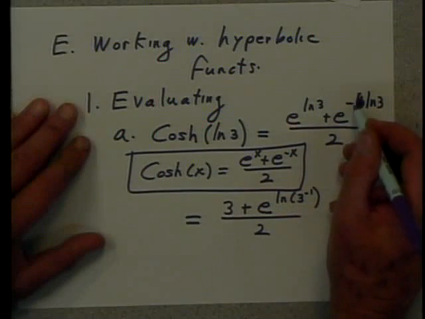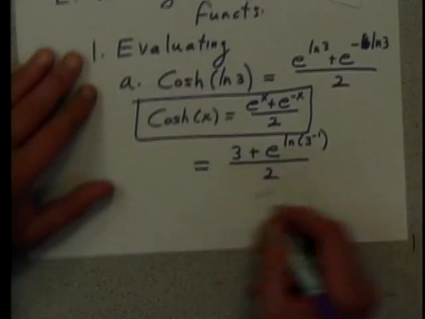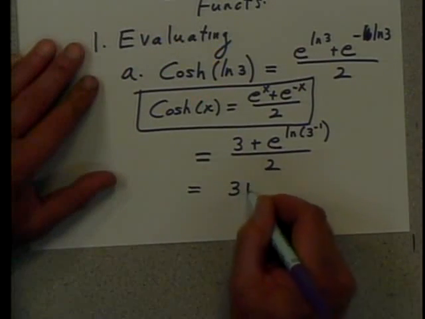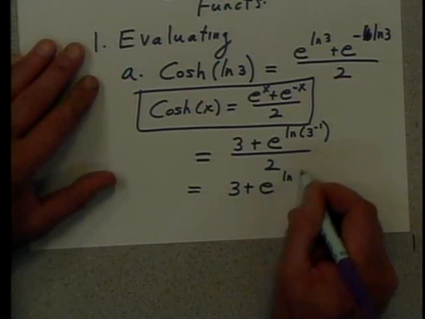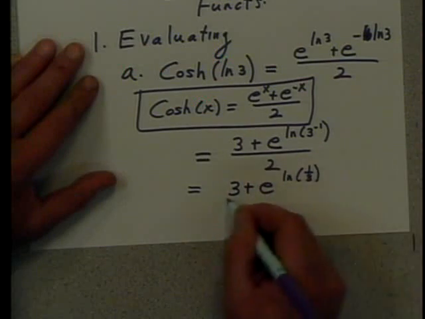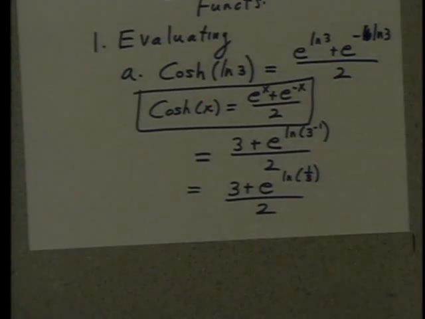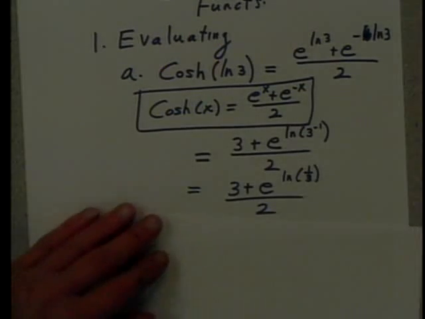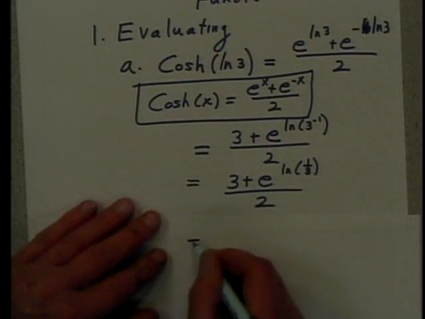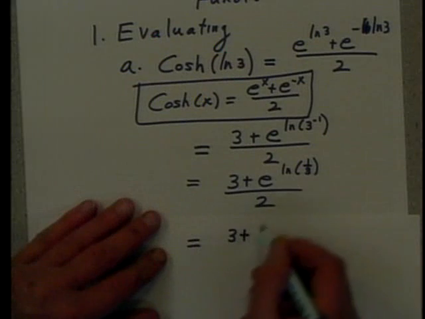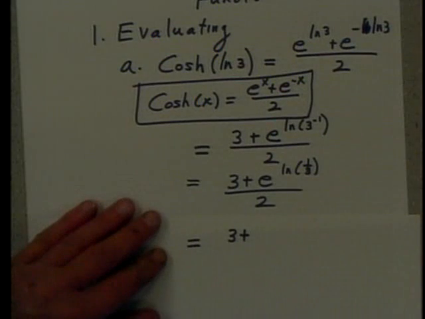Because the minus 1 can go inside as an exponent. So it's really 3 plus e to the natural log of 1/3. Okay, but where is that going? 3 plus what?